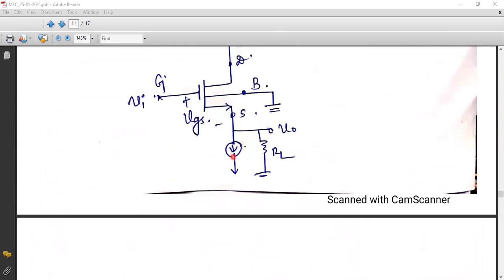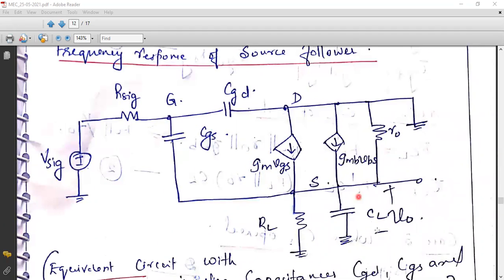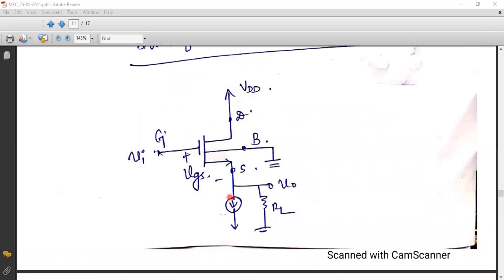Whenever we use an active load at a terminal, whether it is the drain or the source, we have to take the effect of CL also. Because CL is the load capacitance which corresponds to the effective capacitance of all the active devices that you have used for generating this current source, capital I.